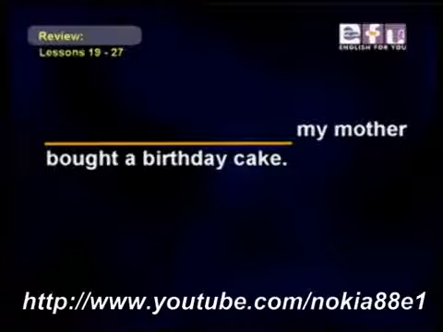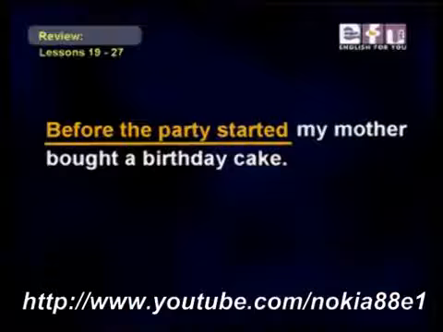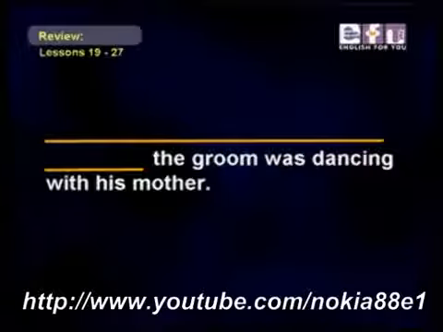Okay, this one's for Linda. My mother bought a birthday cake. Before the party started, my mother bought a birthday cake. Okay, good. Sylvia, last but not least.